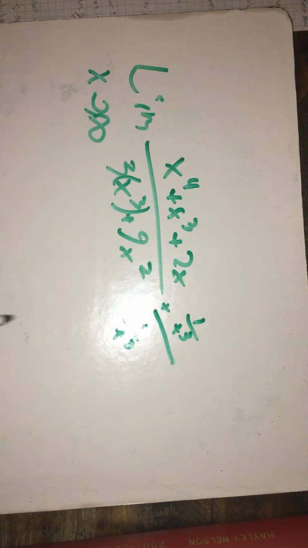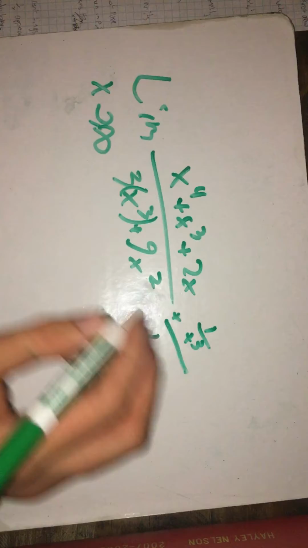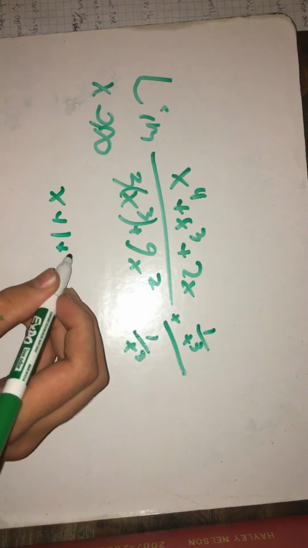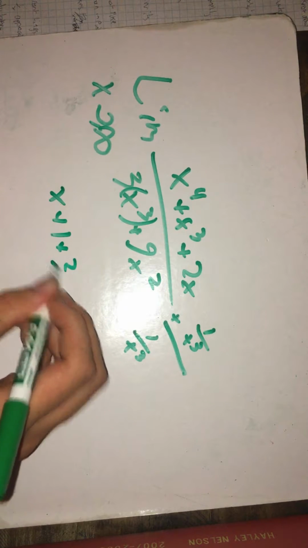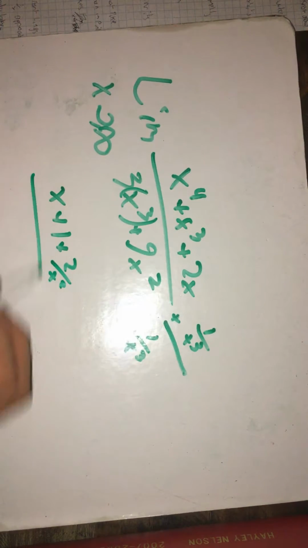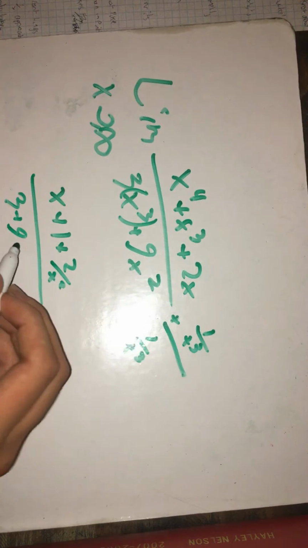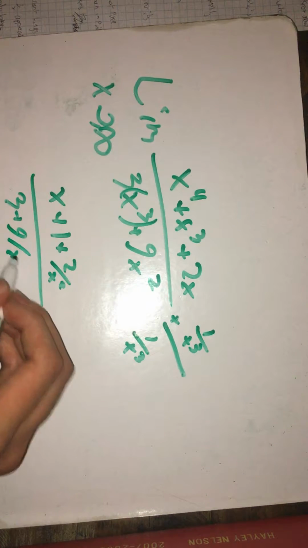We're not actually changing the value of any of these, we're just changing what it looks like. Then we get x plus 1 plus 2 over x squared, all over 3 plus 9 over x.